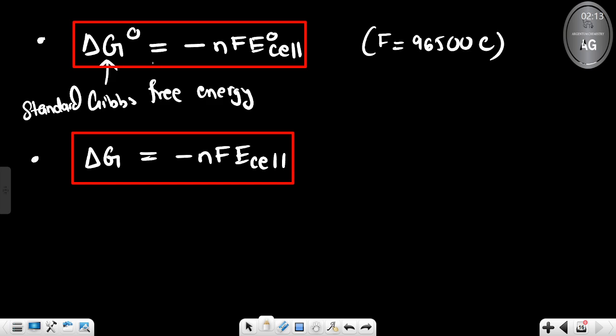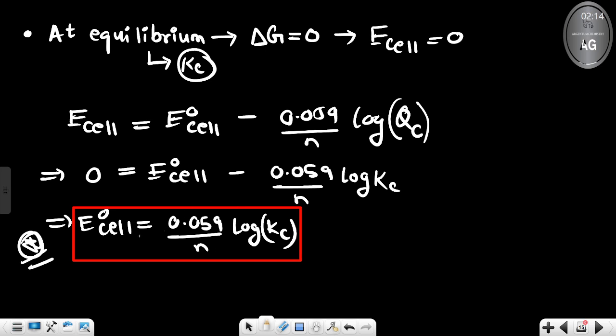Now suppose I am finding the relation between delta G and log Kc. That means the relation between the equilibrium constant and Gibbs energy. How will you find it? We know the E cell value, we calculated it previously, so just put the E cell value.